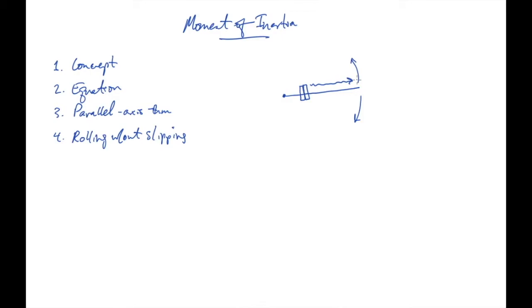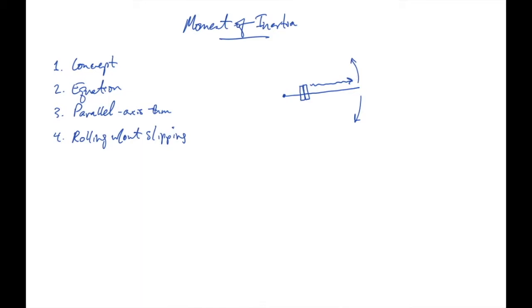So when it comes to rotational motion, the concept of inertia involves more than just how much stuff there is, how much mass there is. It also involves where that mass is located relative to the axis of rotation. And we see here that the more mass you have farther away, the more rotational inertia you have. So that's the idea behind this moment of inertia.